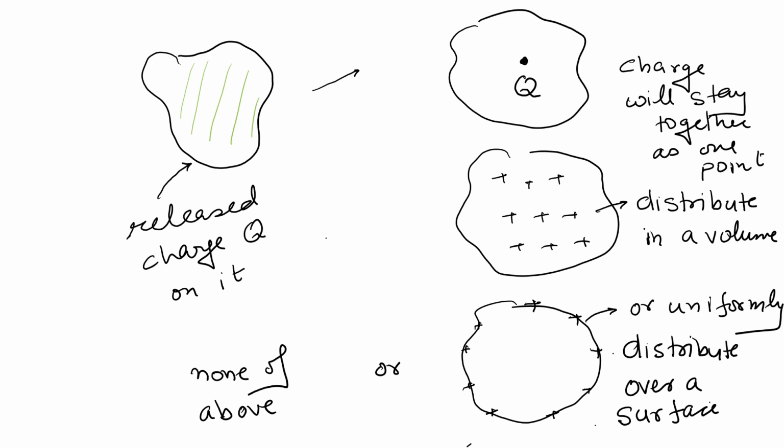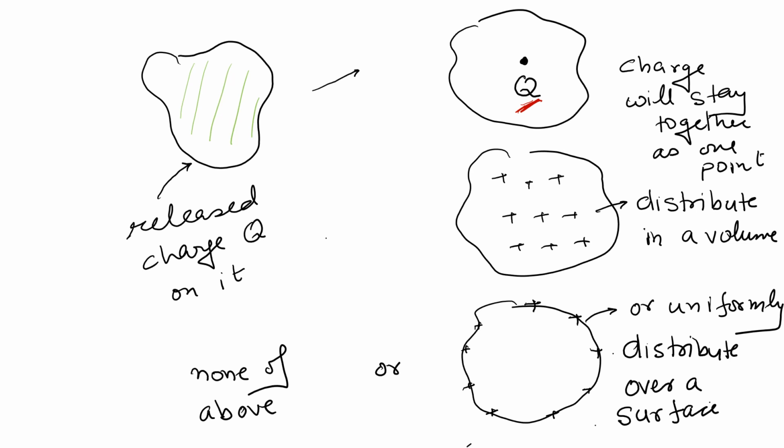Well, this choice is ridiculously wrong. You can consider this charge to be consisting of many small pieces of positive charges. These positive charges hate each other, they repel each other.